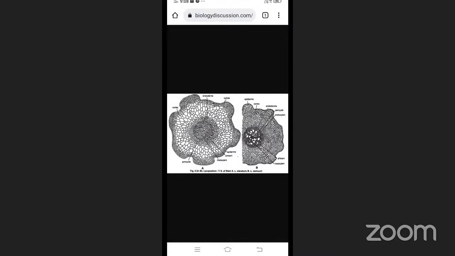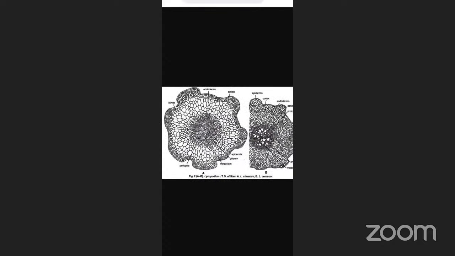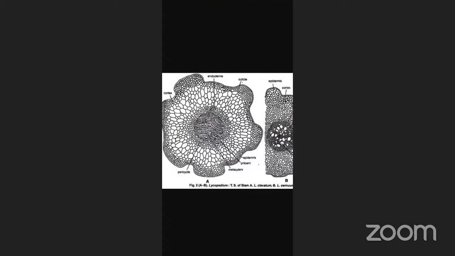When we take the transverse section of the stem of the Lycopodium, you can see distinct structures. The stem in cross section is a circular structure, which is differentiated into three regions: epidermis, cortex, and stele.